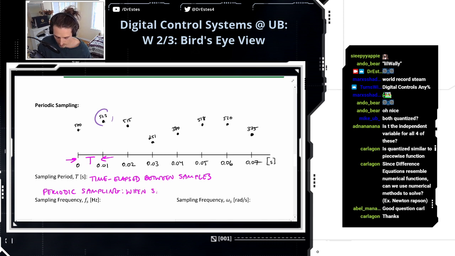So when the sampling period is constant from sample to sample. And in practice, you actually have to enforce this with a timer.